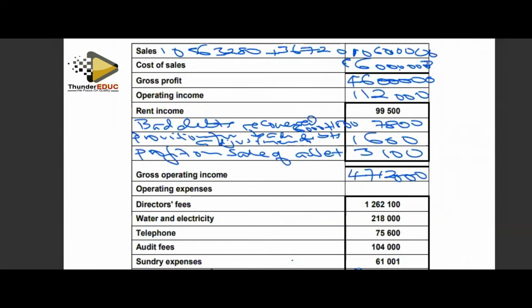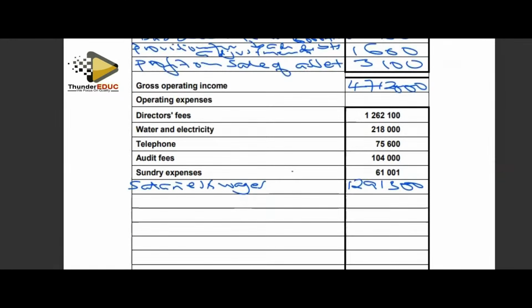That is employer's contribution. Employers' contributions. We add them together. Don't say UIF, medical, no. So we just say employers' contributions.